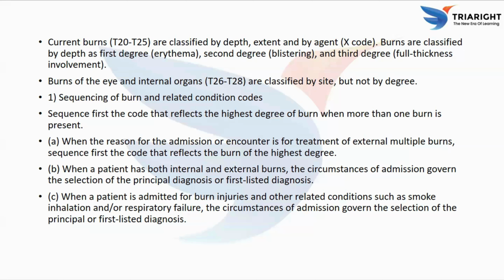And the second example is admission due to burn wound care. In this case, you have to assign the burn code first. So burns are always sequenced depending upon the reason for the encounter, which degree the burn is, and the site also plays a specific role.